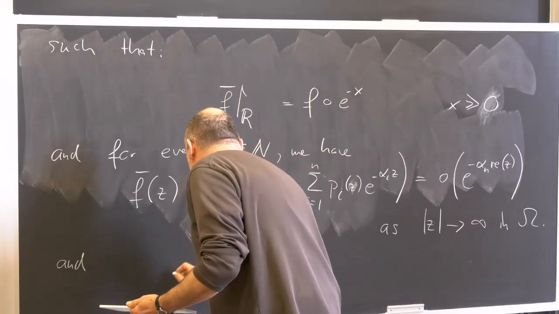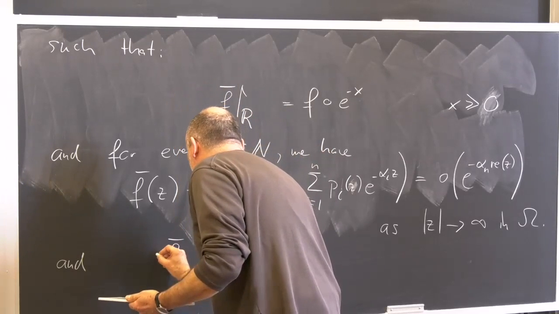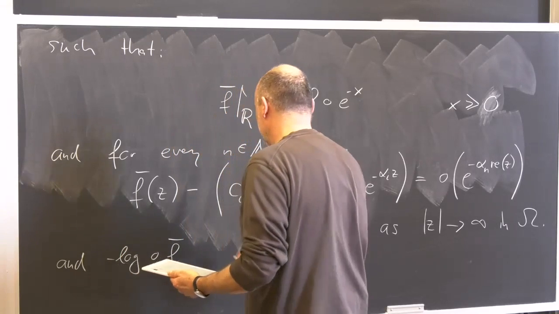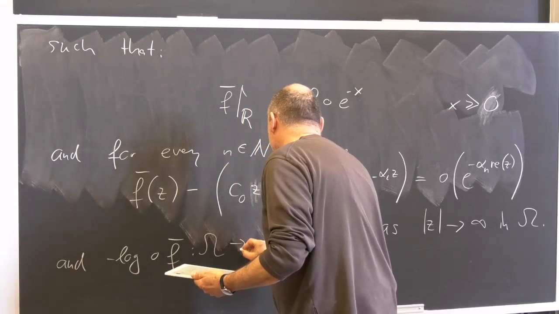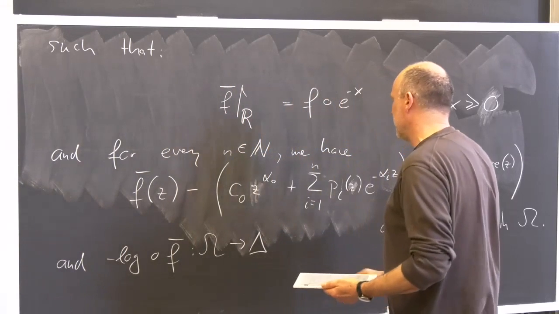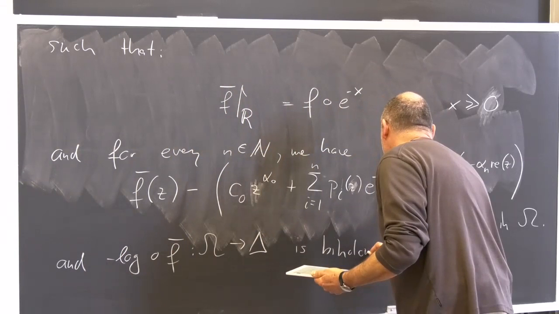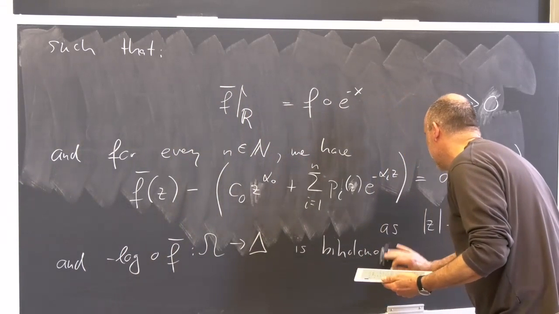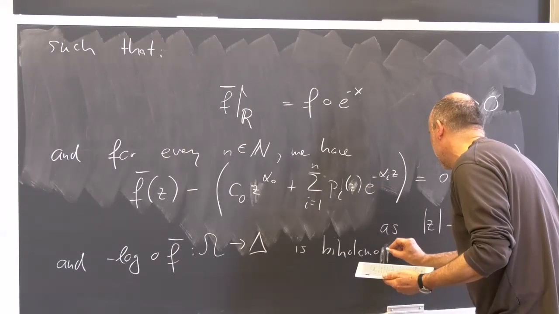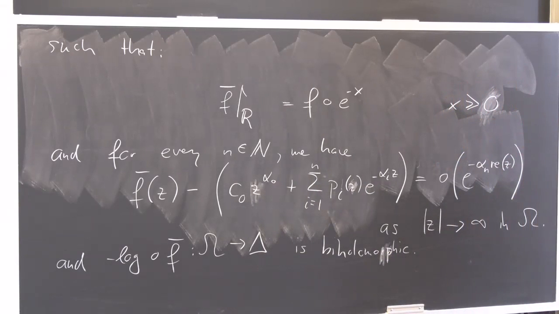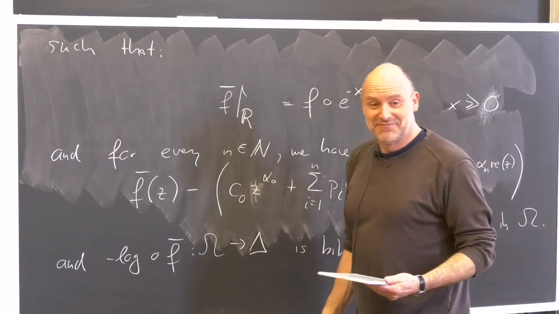If you compose f bar with minus log on the left, then this is a biholomorphic map. So you have a compositional inverse of the same kind of nature. Okay, that's all the data.